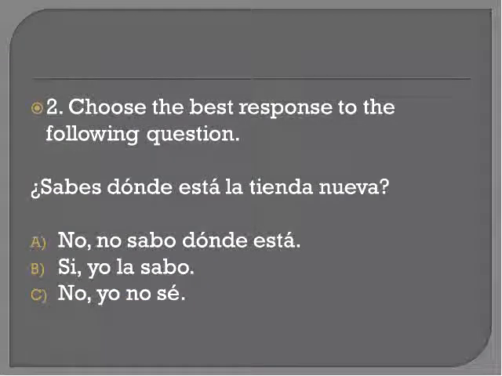Okay, our next one. ¿Sabes dónde está la tienda nueva? No, no sabo dónde está. Sí, yo la sabo. No, yo no sé. Okay, so what would be our correct response here?